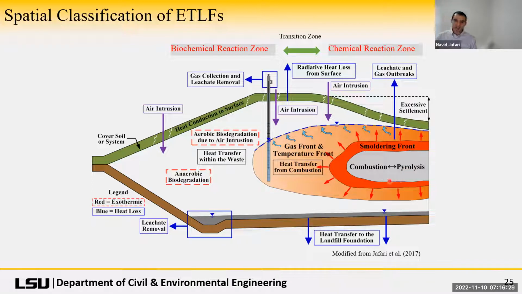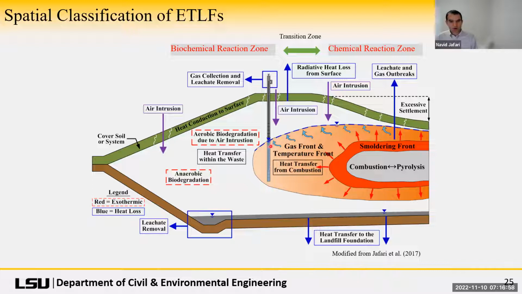And that driving heat then is what you think is creating another front or an envelope of change in the landfill. So you have normal here, just typical biochemical reaction zone. You have the exothermic chemical reaction zone. In the middle here, that's where I think we're seeing the gas changing and the temperature changing from the gas well as well. So I've called that the gas front and temperature fronts.